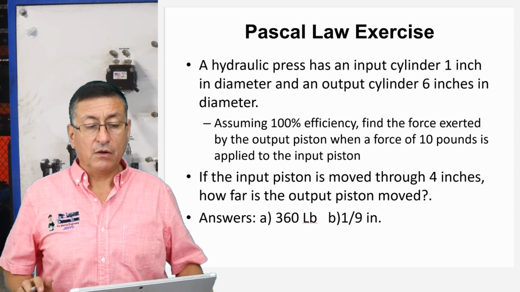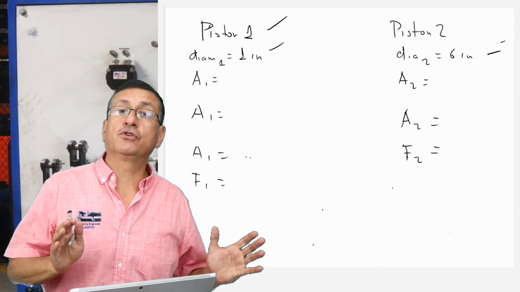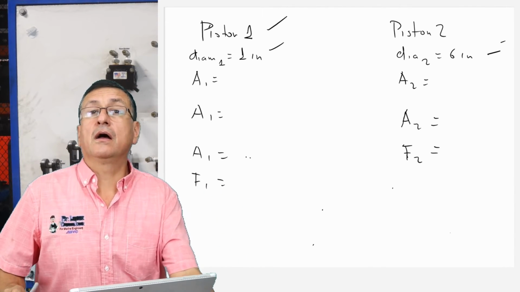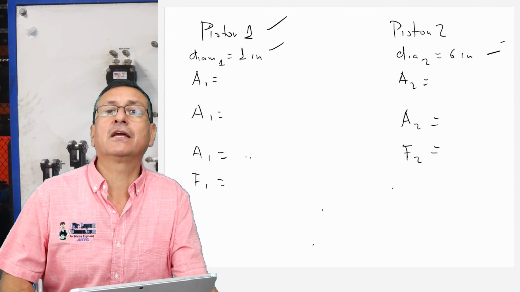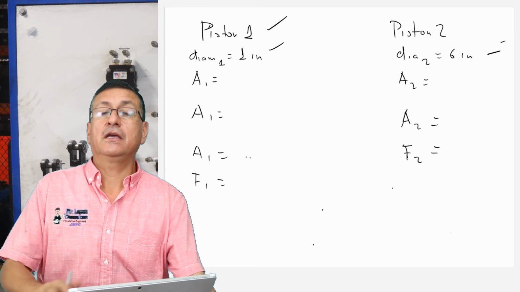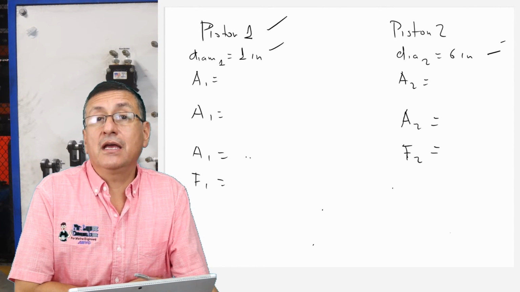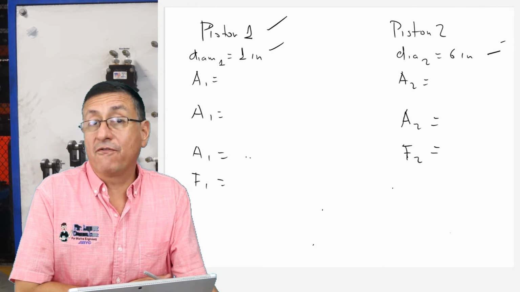It's too simple. We are going to check the situation in both sides, in piston number 1 and piston number 2. In piston number 1, the diameter is 1 inch. Diameter, no, area, my friends. If you have the diameter, how much is the area? The area is equal to pi times the diameter squared divided by 4.